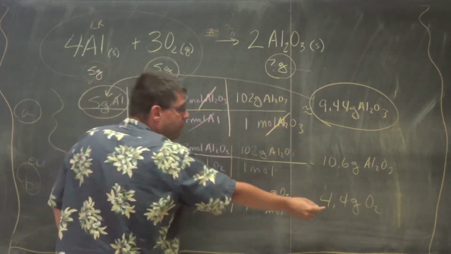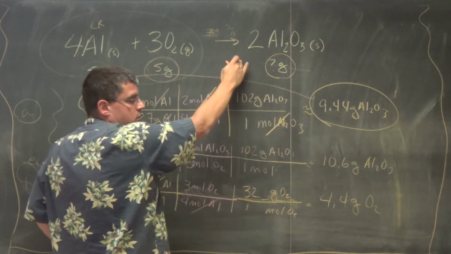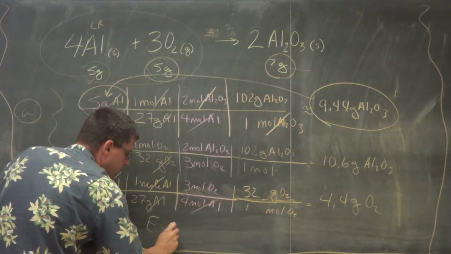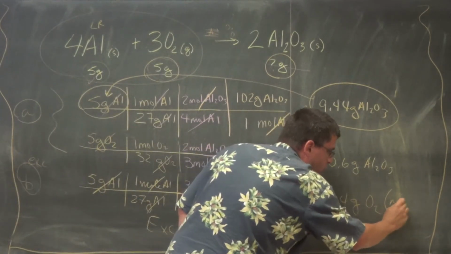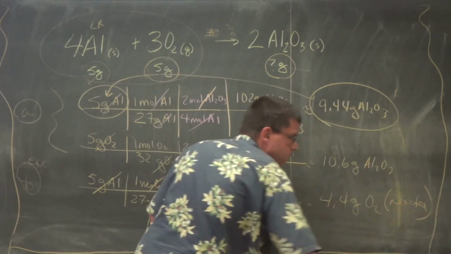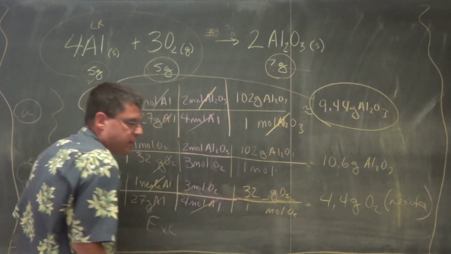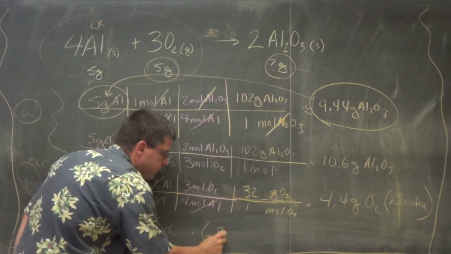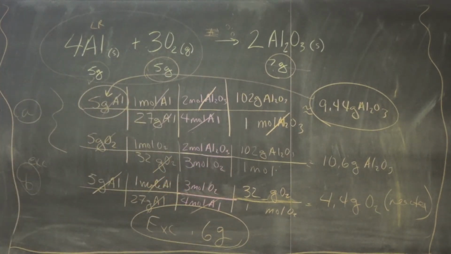And once we had 4.4 grams of O2 reacting, it stopped. That was it. So the excess reagent is going to be this value, what reacted. So this is how much was reacted. What's the original in the beaker? 5. Subtracted. What's the excess still in the beaker? 0.6 grams.